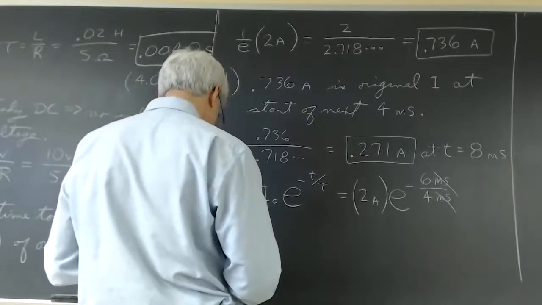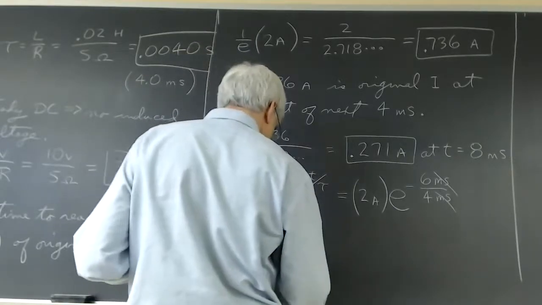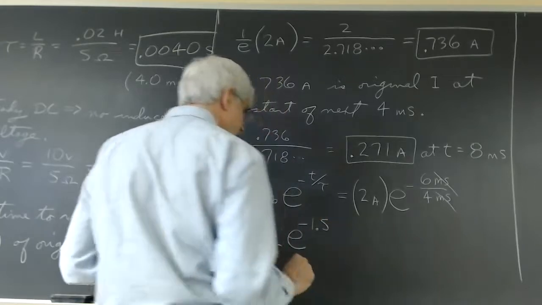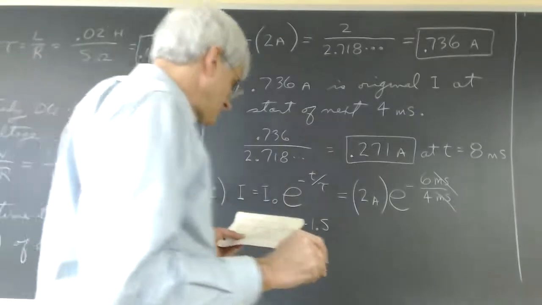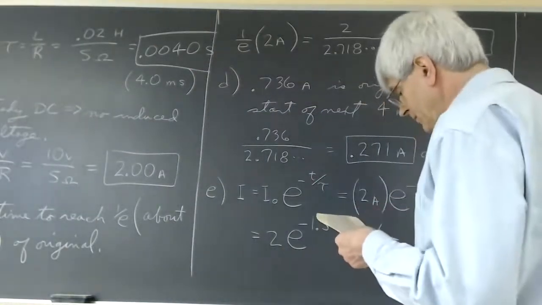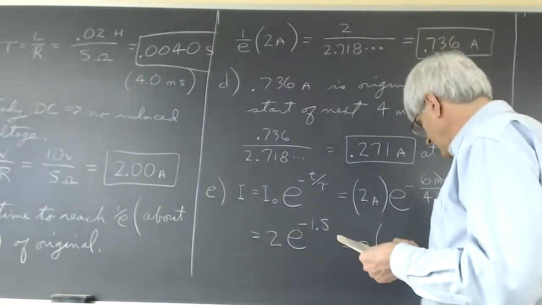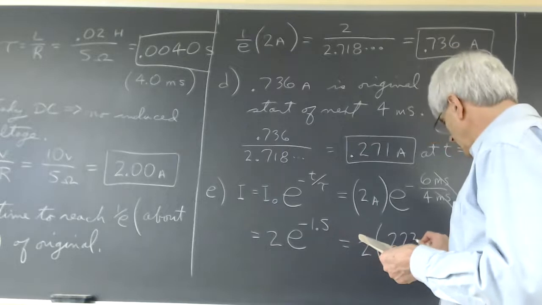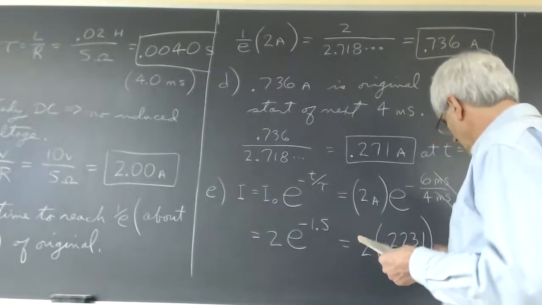So 2 times e to the negative 1.5. 6 divided by 4 is 1.5. e to the negative 1.5 is about 0.2231.